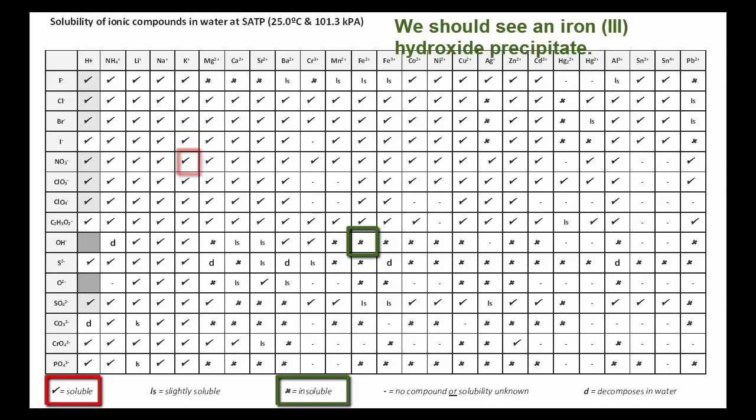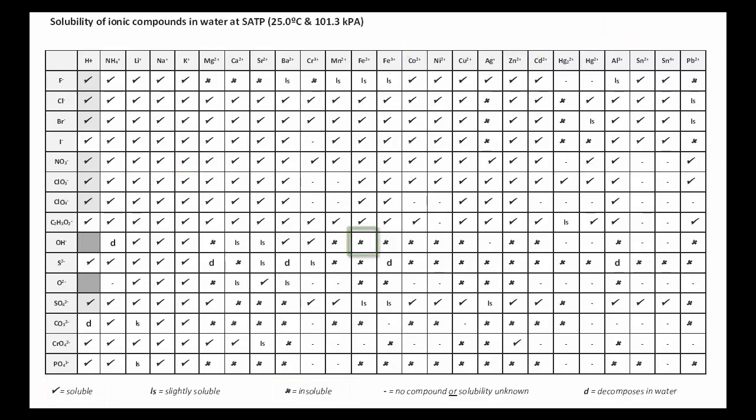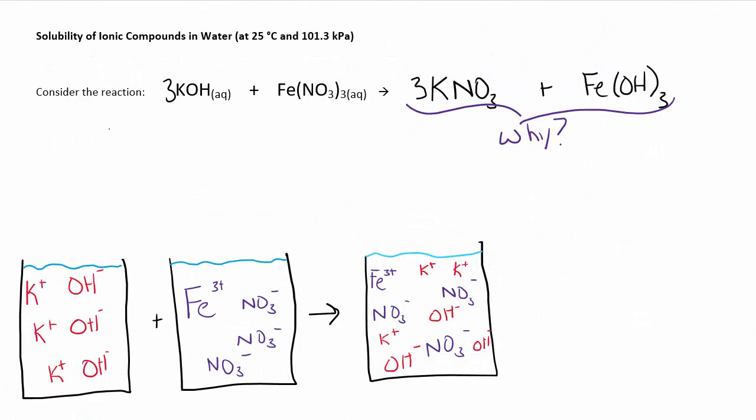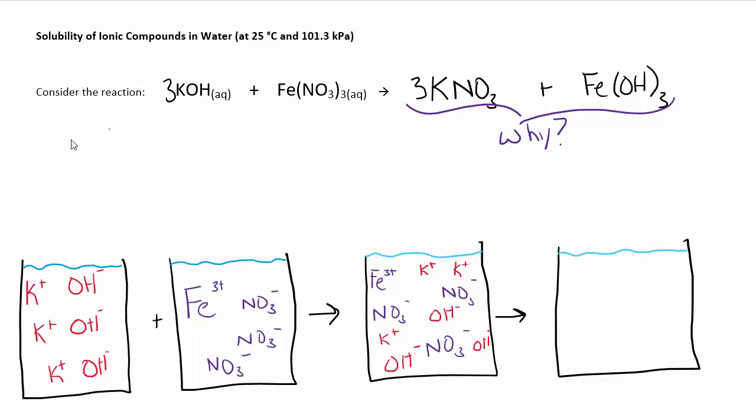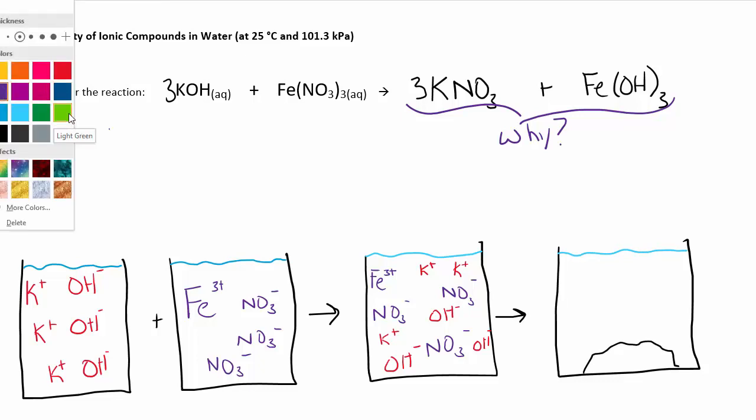Again, to represent that in the cartoon fashion, I would end up saying the final product here is a solution of potassium and nitrate ions, and there would be an insoluble solid at the bottom of this beaker, if you will, and that solid is going to be iron(III) hydroxide.